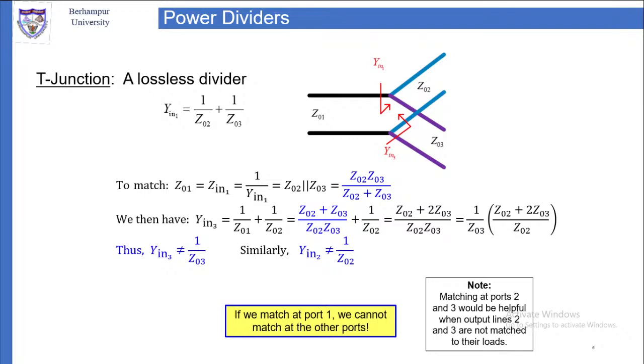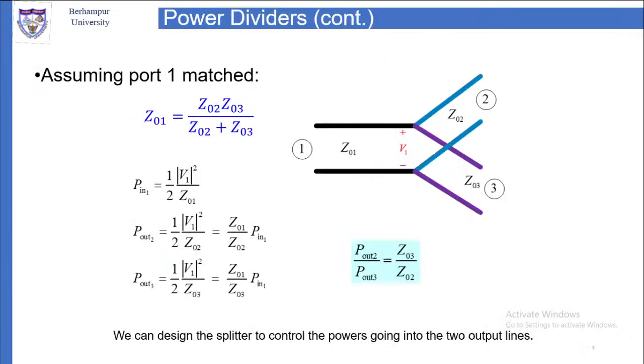So port 1 is matched, but for port 2 and port 3, or for line 2 and line 3, there is mismatch. So if we match a port at port 1, we cannot match the other ports. This is what we found out from this analysis.